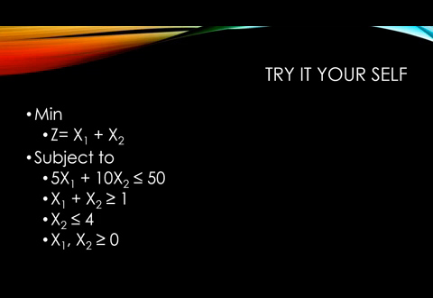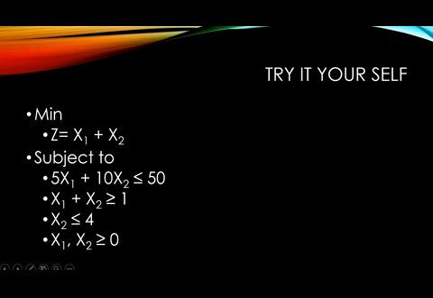Now a problem for you to try out. The problem is: minimize z equal to x1 plus x2 subject to 5x1 plus 10x2 less than equal to 50, x1 plus x2 greater than equal to 1 and x2 less than equal to 4.